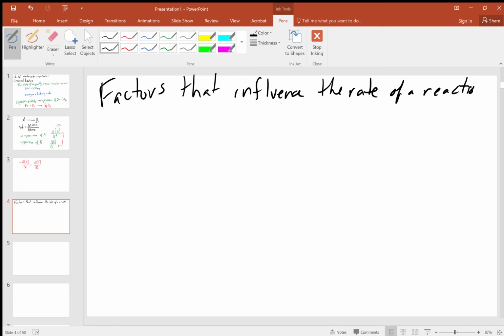So maybe stop for a minute and take a couple minutes and write down a couple of factors that you think could have an influence on the rate of a reaction. And then we'll talk about a whole bunch of them.